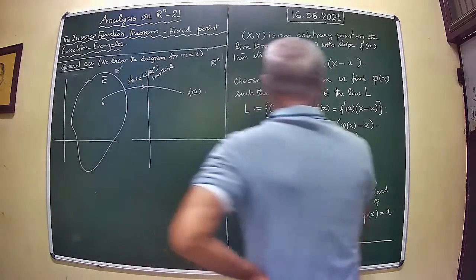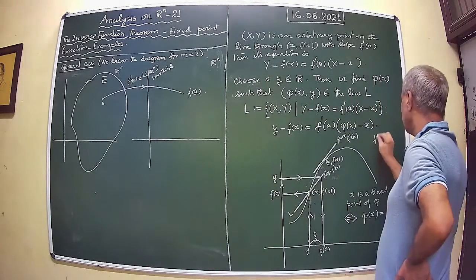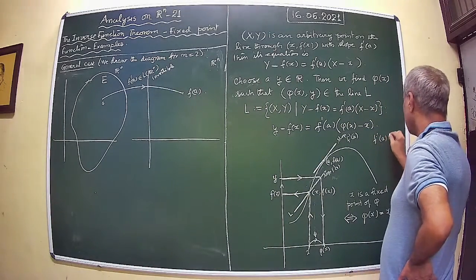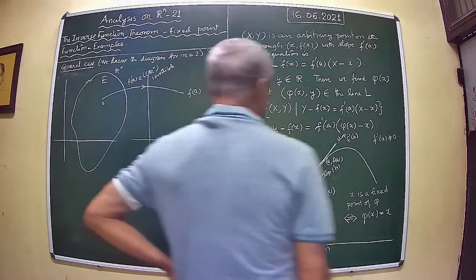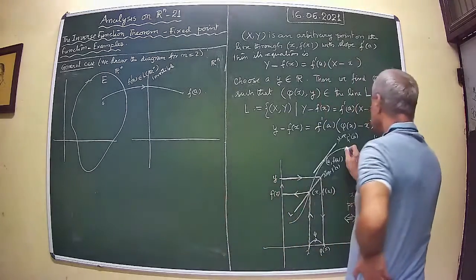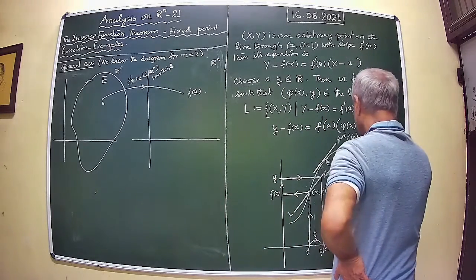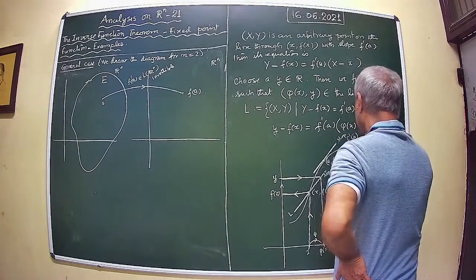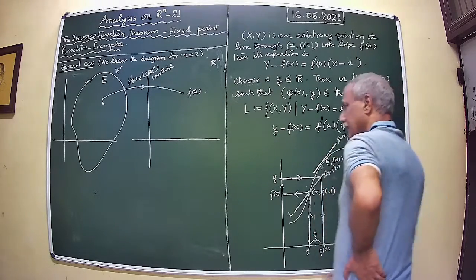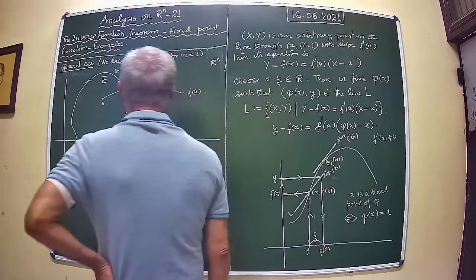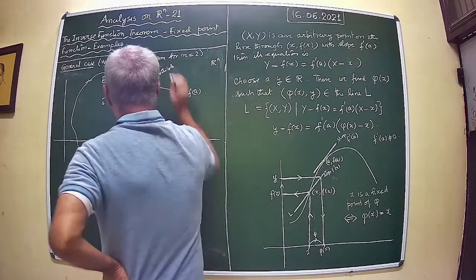Here the invertibility is coming from F dash A not equal to 0, by which you mean A is not the point where this tangent becomes parallel to the x-axis. And we are assuming that this is an invertible operator.